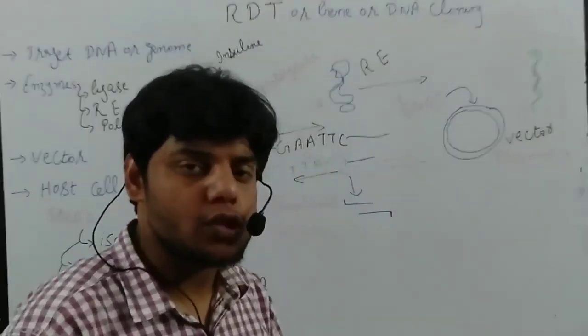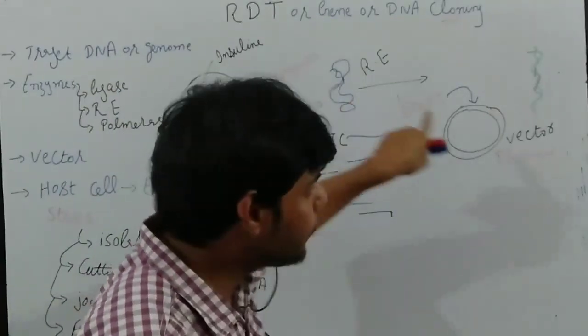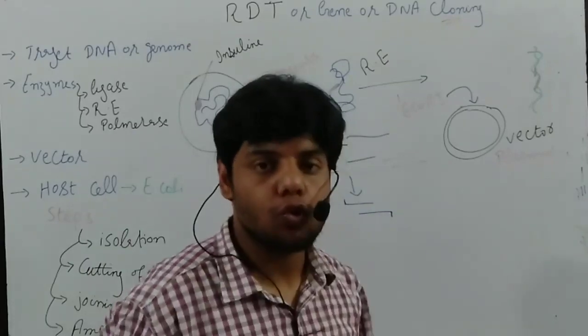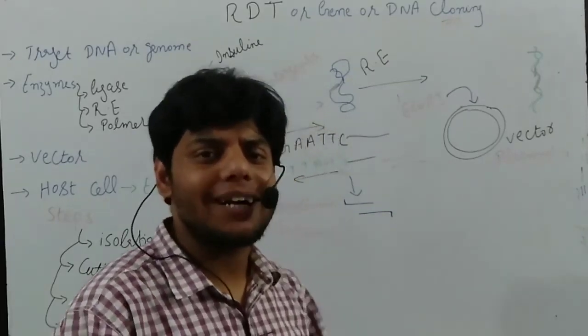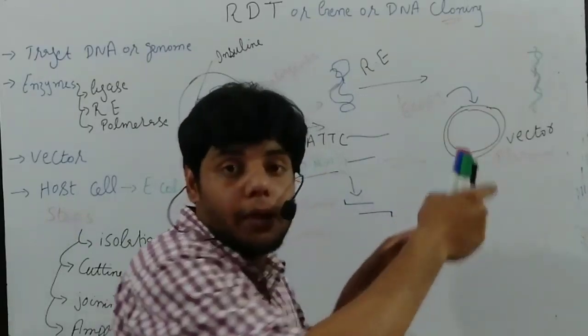Suppose we use BamH1 for the genome and EcoR1 for the vector. We get sticky ends, but those sticky ends are not similar to each other. They are not complementary to each other.